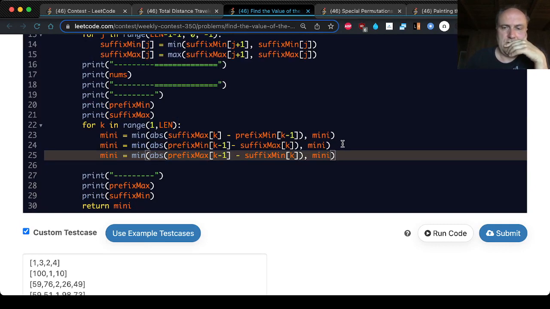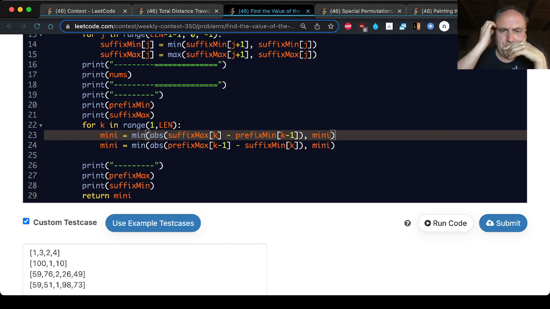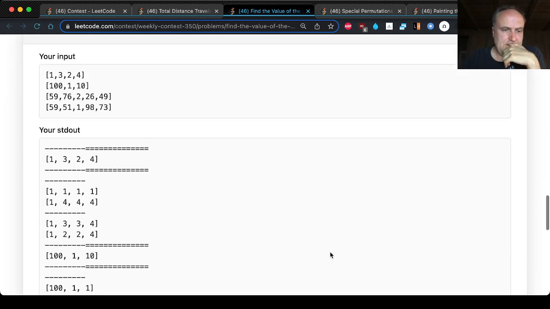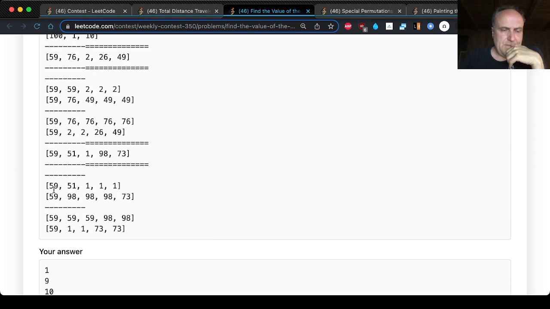Okay, so suffix max. So it needs to be prefix. Okay, so prefix min 0, suffix min 1. Okay, no.